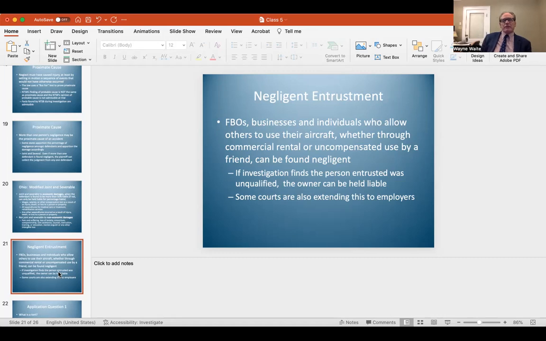He may have been under the influence of substances, had a friend with him, and they crashed their plane locally. It was so tragic. The question in that case was whether there was a negligent entrustment of that aircraft to the son. Did the dad leave keys available so that they could access them?